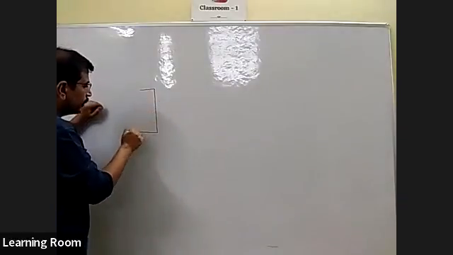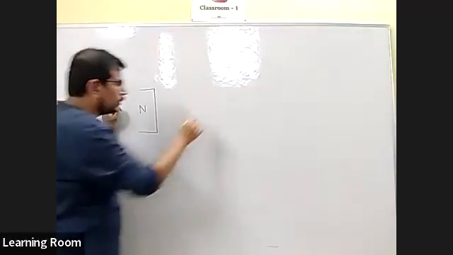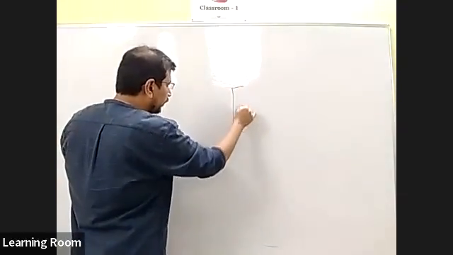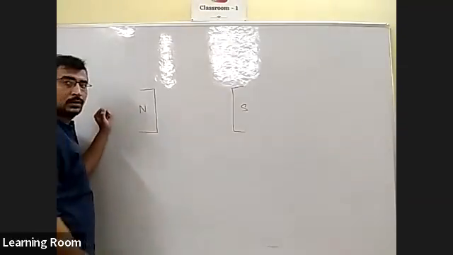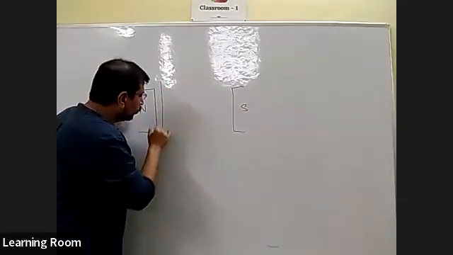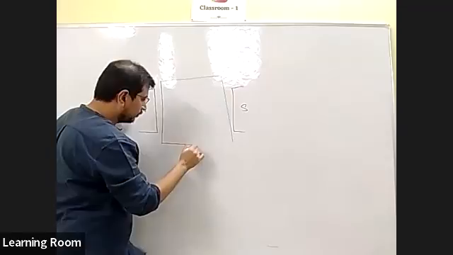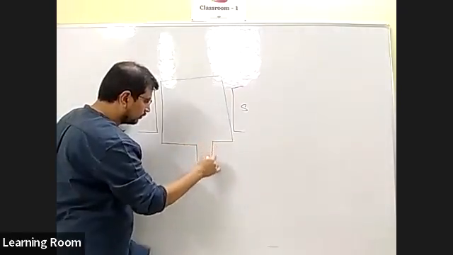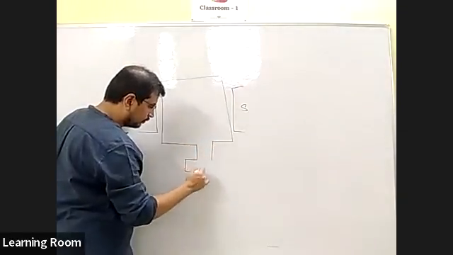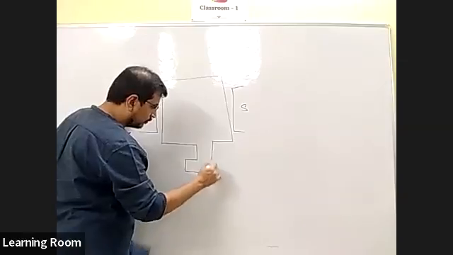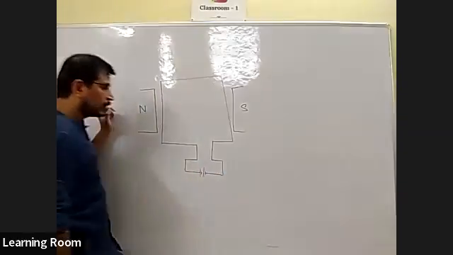Let's say you have a north pole and a south pole, along which you have placed a current carrying loop like this.